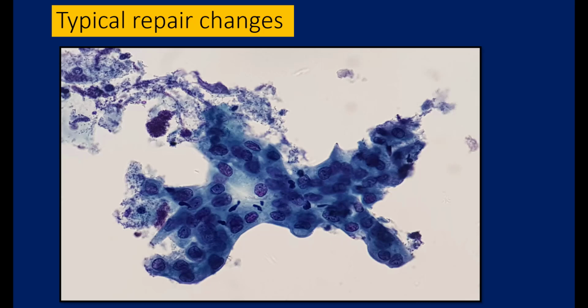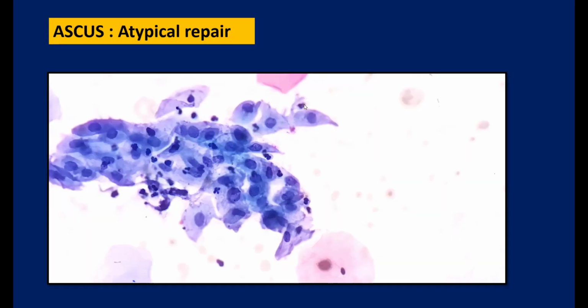Now, these are typical repair changes. You see a degree of hyperchromasia mostly due to overlap. In a typical repair, the chromatin is opened up and you can see some small prominent nucleoli in some of the cells if you move the focus up and down. Otherwise, they are present in the so-called trabecula, or shoal of fish kind of arrangement. So this is what a typical repair is. You have seen it in one of the previous talks, and this is what an atypical repair would be.